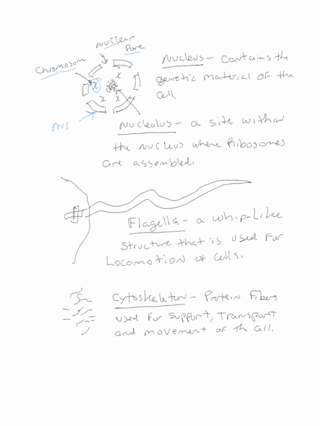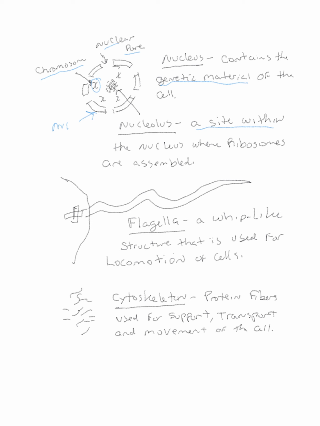Normally, they're not visible. And you'll find DNA that's packaged in chromatin within those chromosomes. And then within the center of the nucleus is a nucleolus. So the nucleus contains the genetic material of the cell. The nucleolus is the site within the nucleus where ribosomes are assembled. It's a location. There's no membrane around it or anything like that. It's actually part of the nucleus.